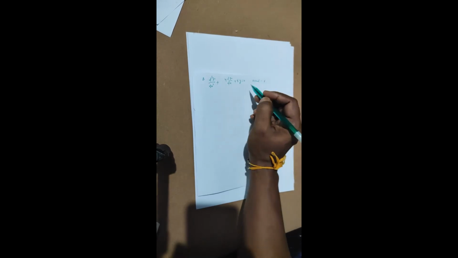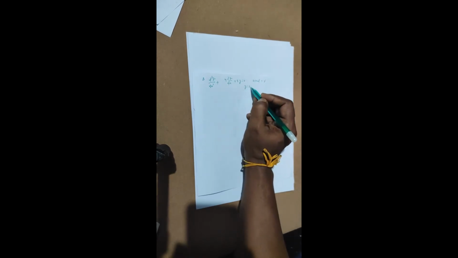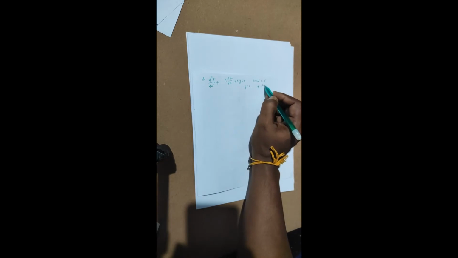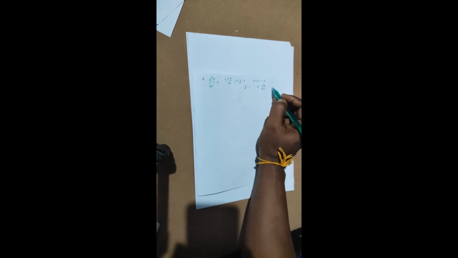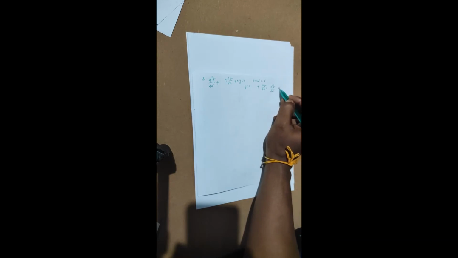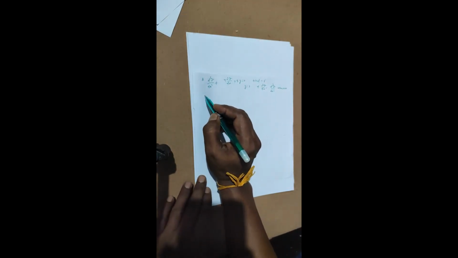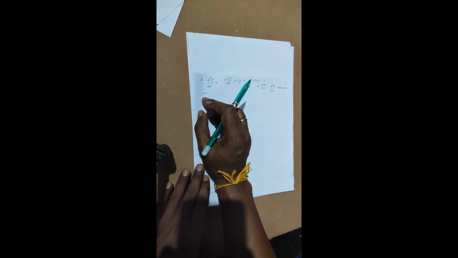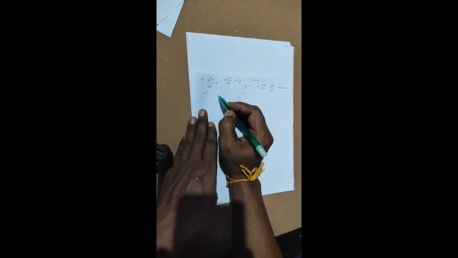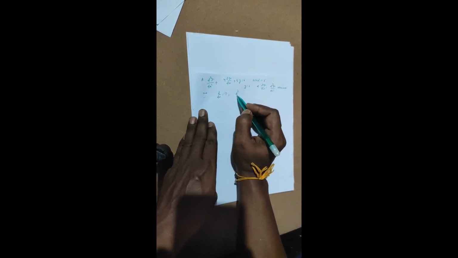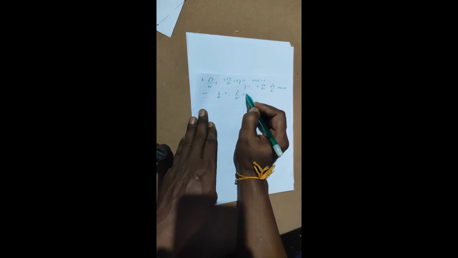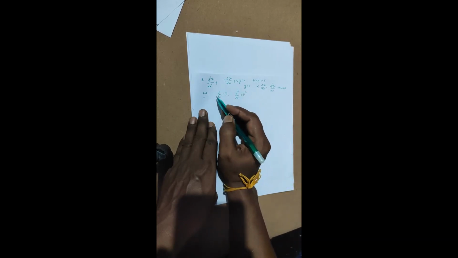Another condition is given: y is equal to 2 and dy by dx is equal to d square y by dx square when x is equal to 0. In this case, first of all we have to find the complementary function. So d by dx is equal to capital D, and d square by dx square is capital D square.